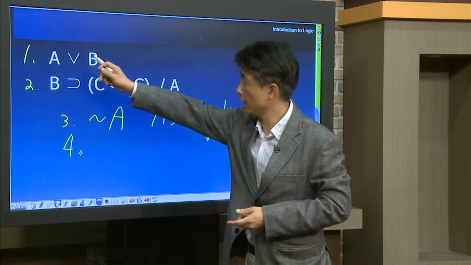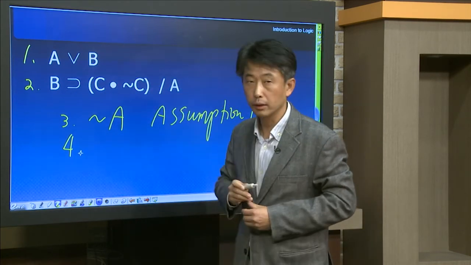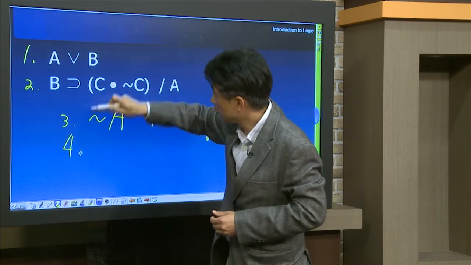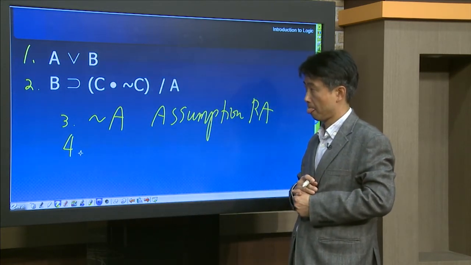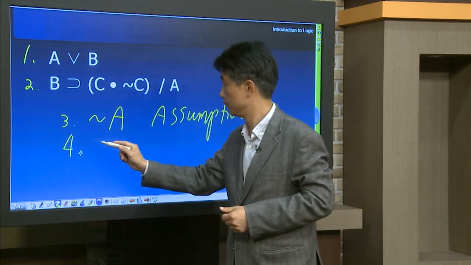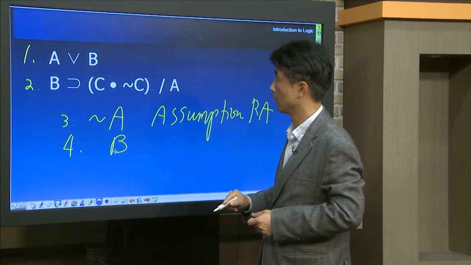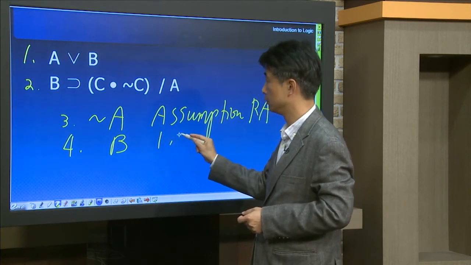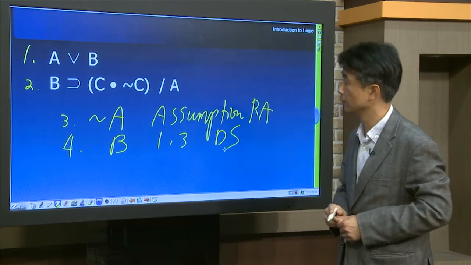So you have to look at 1, 2; 1, 3; 2, 3. Okay? If you look at 1, 3, there is a rule that you can apply. And you can derive B from 1, 3, disjunctive syllogism, right?